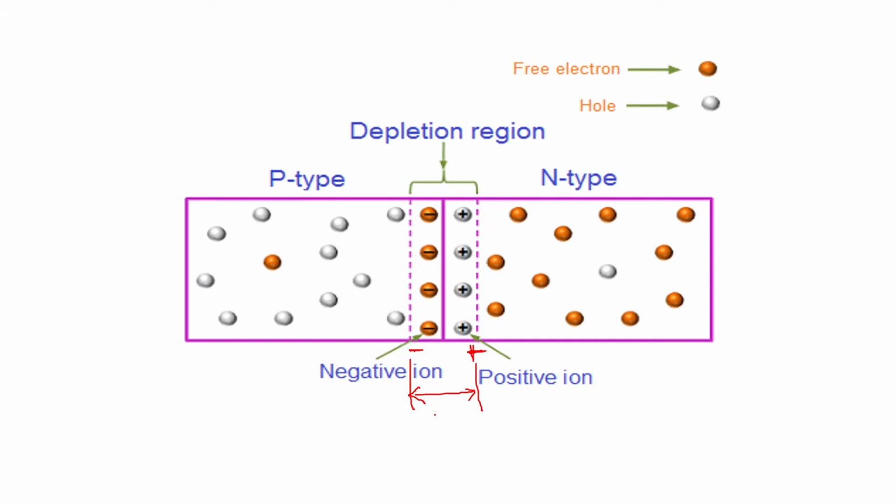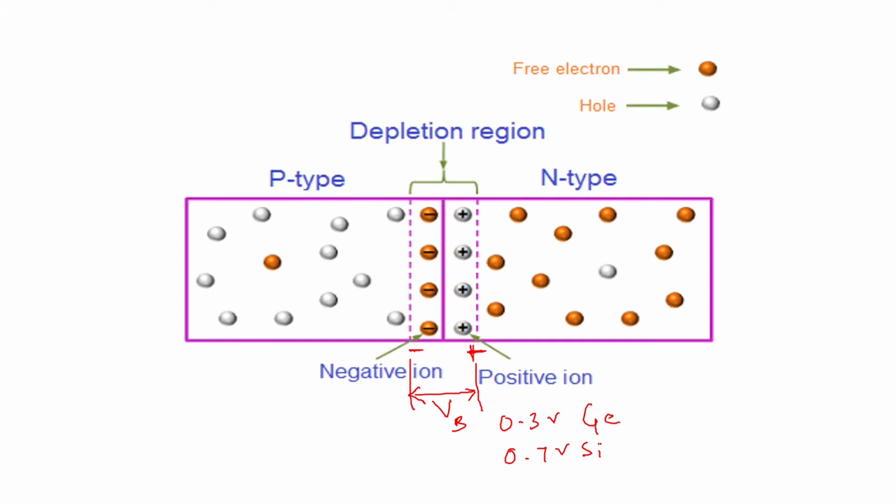Because it is opposing, it is called the barrier potential or potential barrier. This potential barrier voltage is 0.3 volt for a germanium diode and 0.7 volt for a silicon diode. Now we are going to call the PN junction a diode, because this arrangement is a diode arrangement.